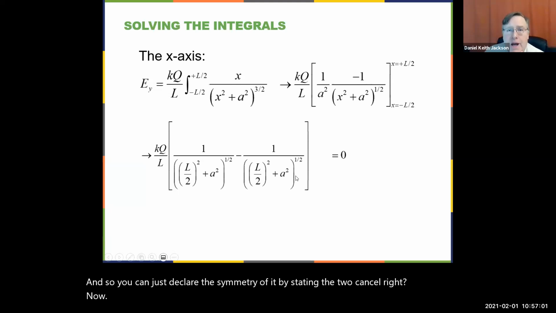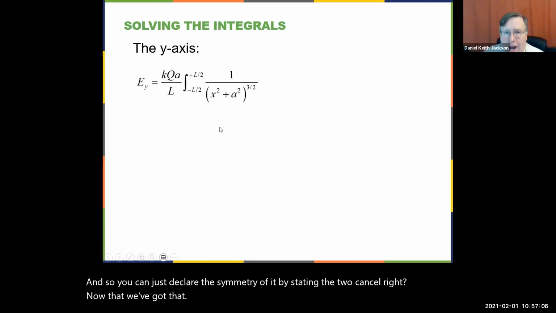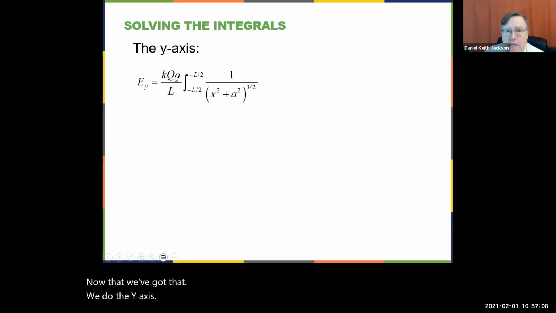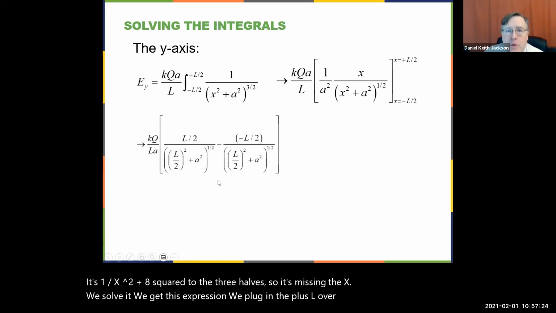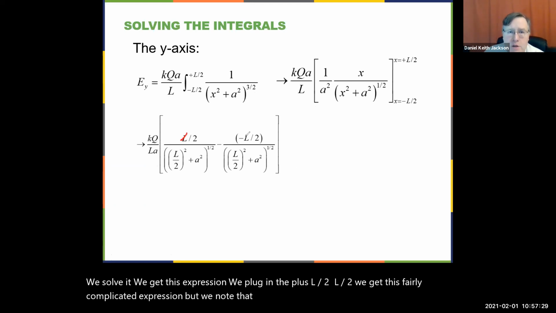Now that we've got that, we do the y-axis, which is now kqλ over L. It's 1 over (x squared plus a squared) to the 3/2, so it's missing the x. We solve it, we get this expression. We plug in the plus L over 2 and minus L over 2. We get this fairly complicated expression, but we note that the L in the numerator will cancel the L in the denominator.